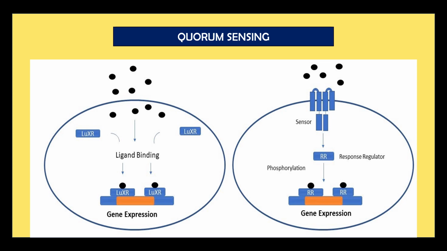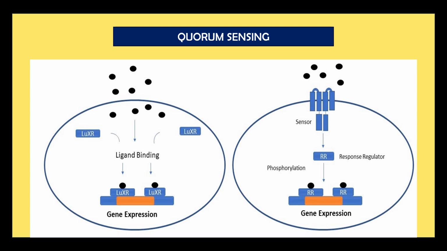This process enables a population of bacteria to collectively regulate gene expression and thereby behavior. In quorum sensing, bacteria assess their population density by detecting the concentration of a particular signal molecule termed an autoinducer, which is correlated with the cell density.